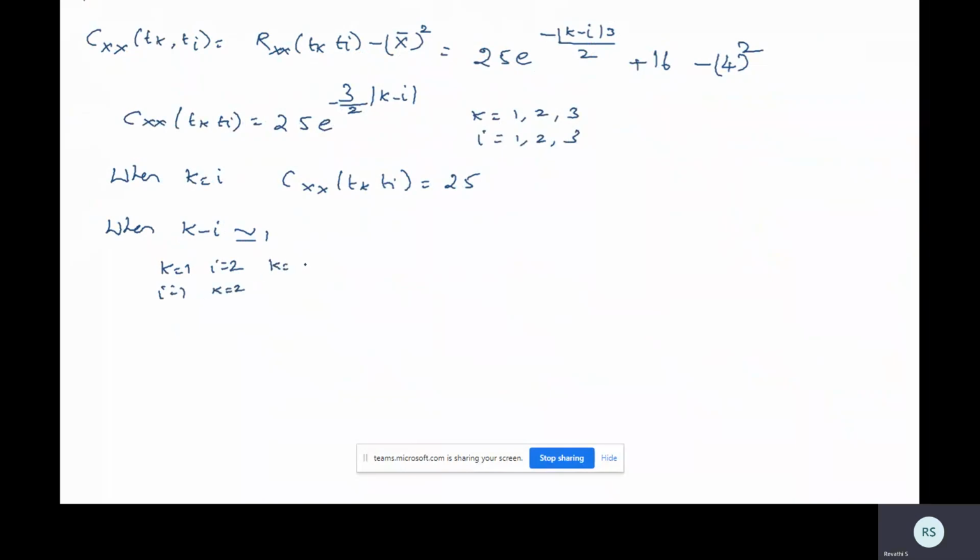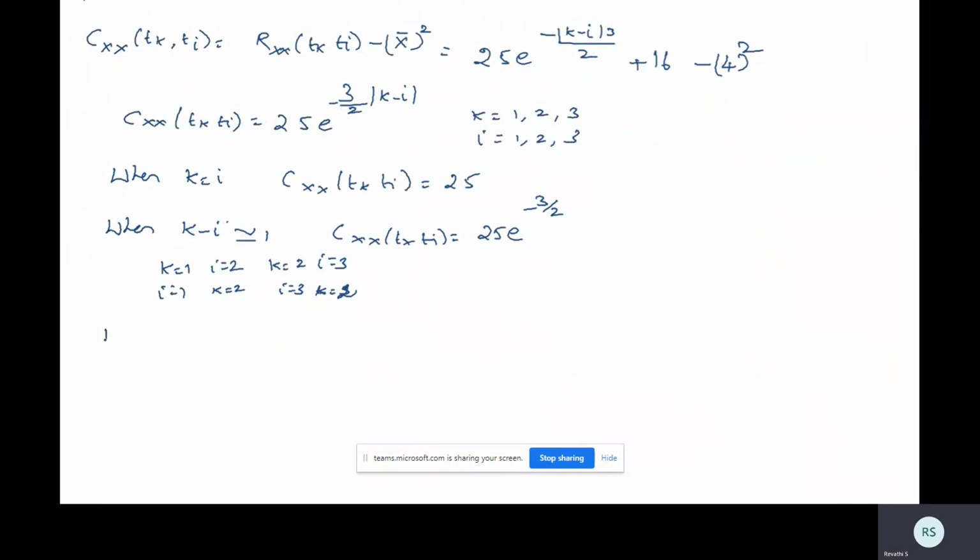Similarly, k equal to 2, I equal to 3, or I equal to 3, k equal to 2. In all these combinations, the difference is 1, so modulus of k minus I is equal to 1. Under this case, Cxx of Tk comma Ti is nothing but 25 e power minus 3 by 2.